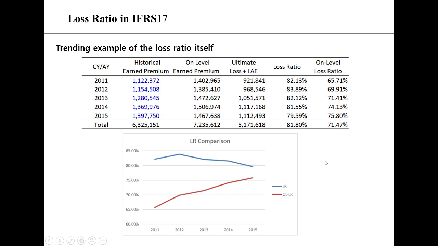And another issue is that on the losses side, I say there are two adjustments. Let's say I didn't do anything about the trending. It means that you just stay there. You just develop the losses up to the ultimate, and that's the ultimate loss. Trending means the future premium, due premium, effective period, and future average accident date. You trend it, right?